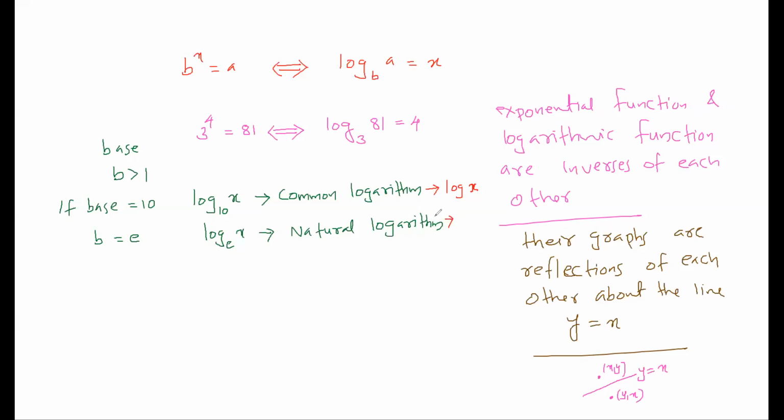And in your calculator you can see the button log, so that means it is logarithm with base 10. Natural logarithm is denoted like this: ln of x. So in your calculator you can see a symbol like ln, that is natural logarithm, logarithm with the base e.